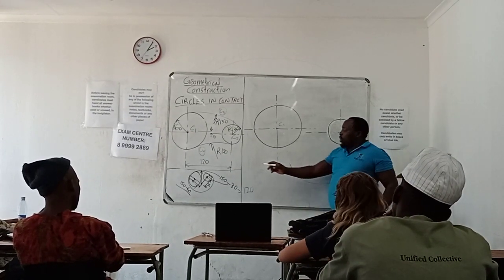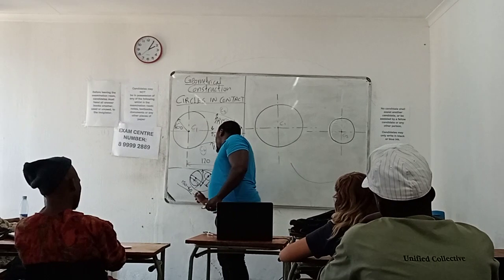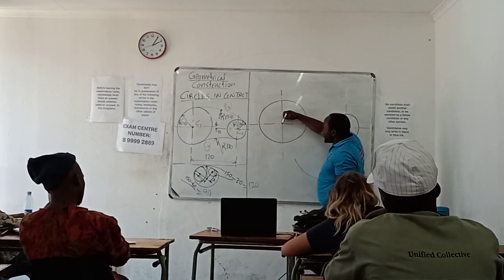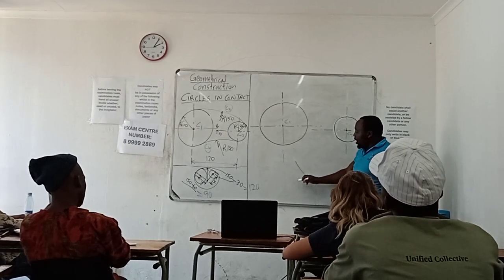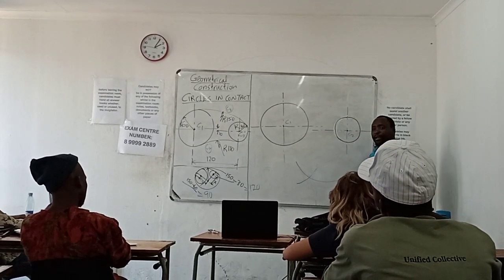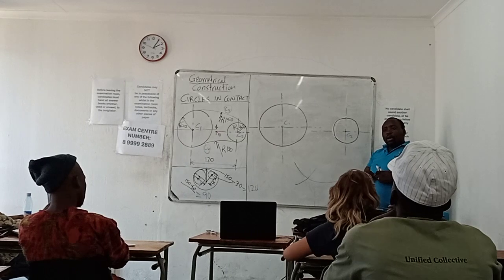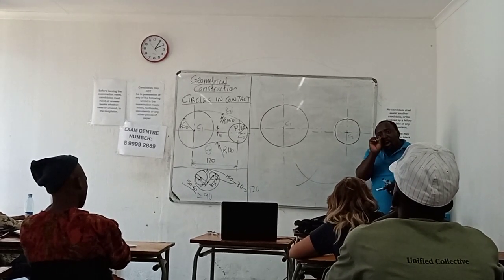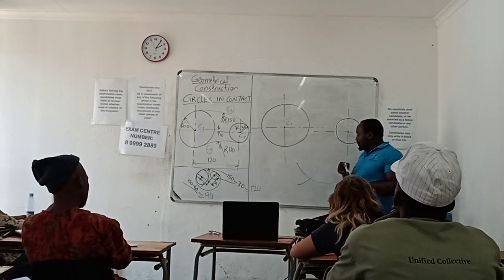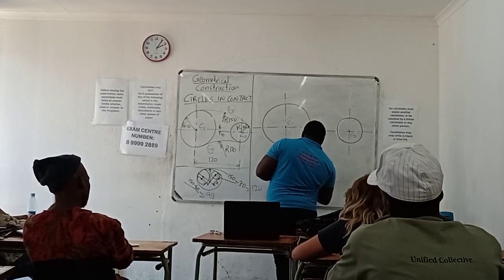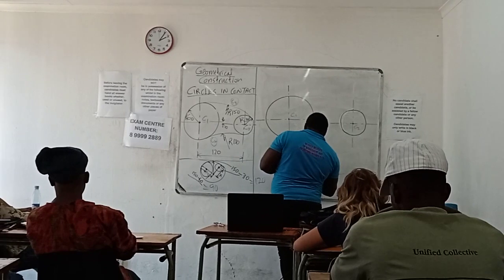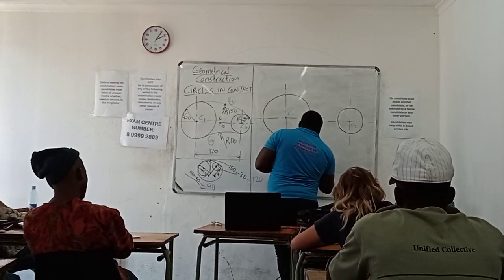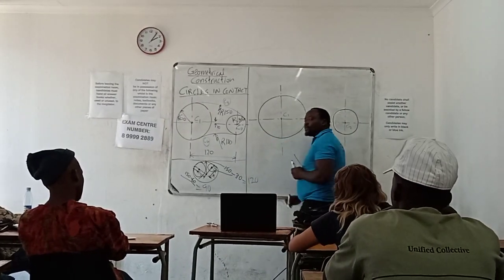Then you come to this one. Once you subtract, it gives you what? 90. Open 90, come here. Draw an arc. Where they cross each other, put a small plus sign, and name it as center 3.